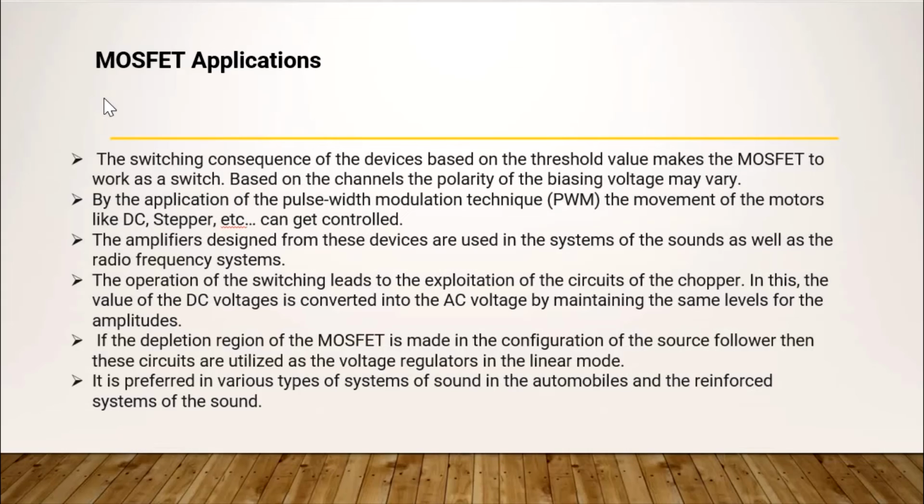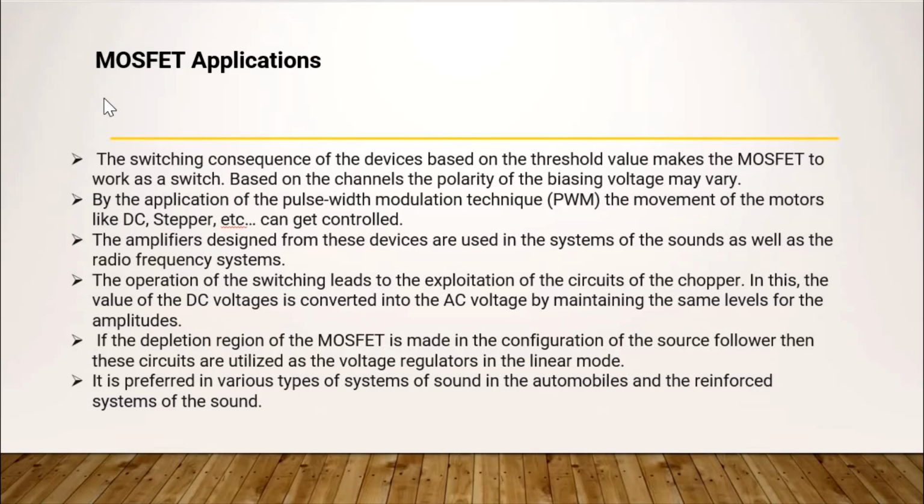The movement of motors like DC, stepper, etc. can get controlled. The third one is amplifiers designed from those devices, which are used in sound systems as well as radio frequency systems.